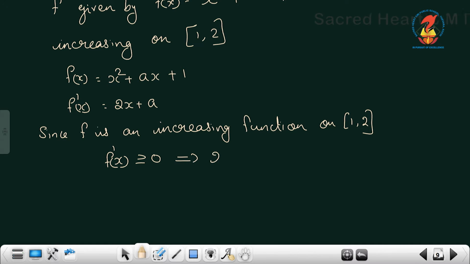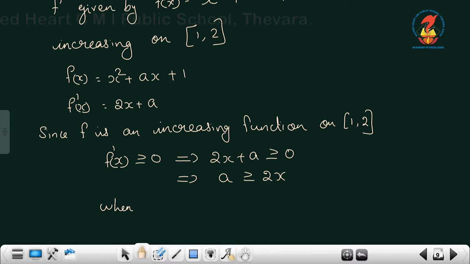That implies 2x plus a is greater than or equal to 0. That implies a is greater than or equal to minus 2x. Then x is in this interval 1 to 2. So when x is 1, what is a? A is greater than or equal to minus 2.